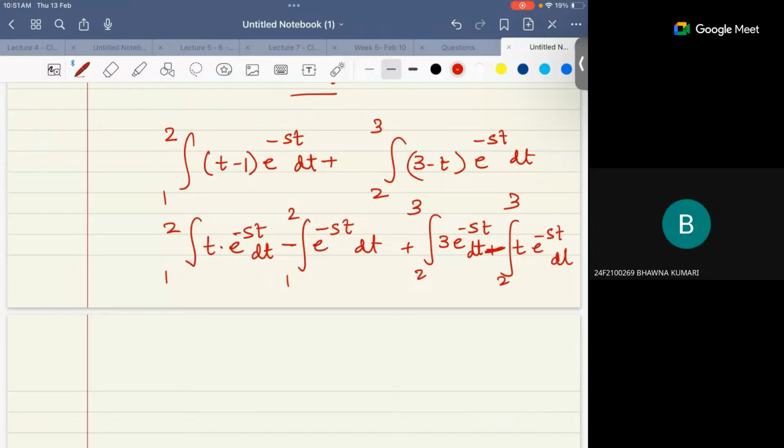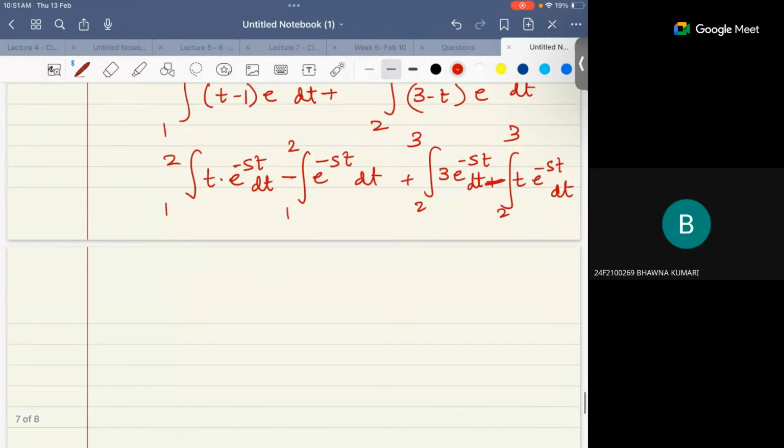For these two terms, I don't think any major problem will occur, right? So we'll be having some three terms.